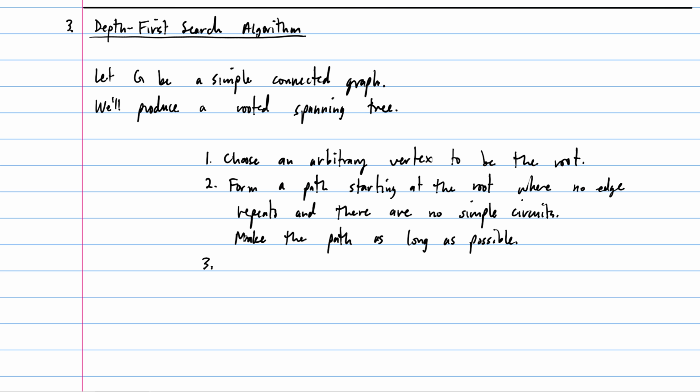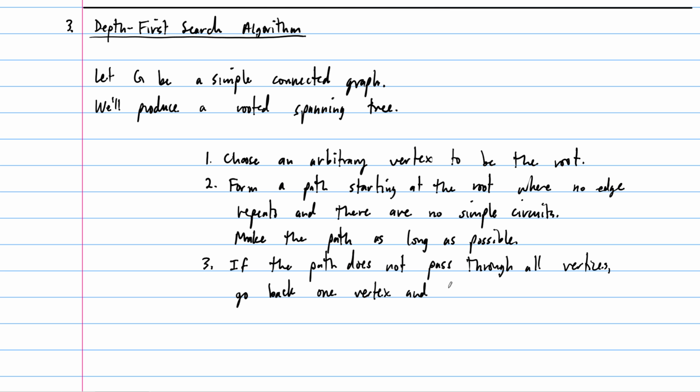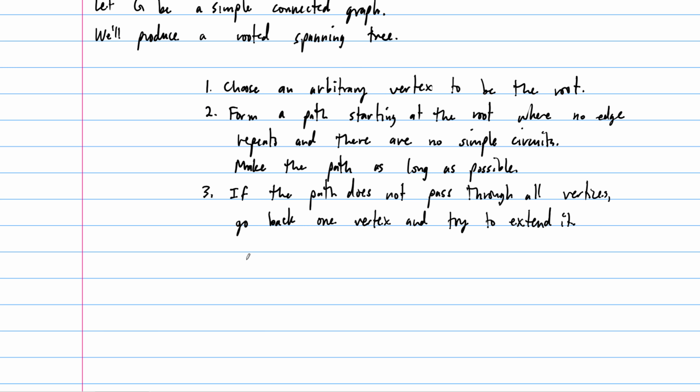And if you can't do that, you move back to the third to last vertex, etc. Okay, so if the path, or the tree at this point, does not pass through all vertices, go back one vertex and try to extend it. If this is not possible, go back further, right?